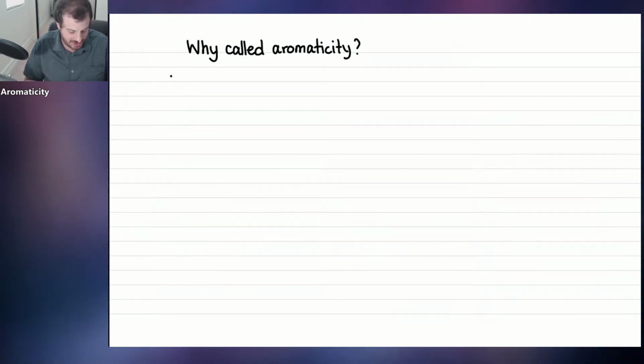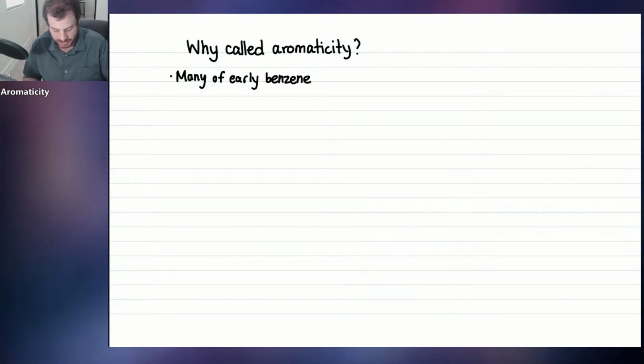Well, the answer is that many of the early benzene-containing compounds smelled strongly.